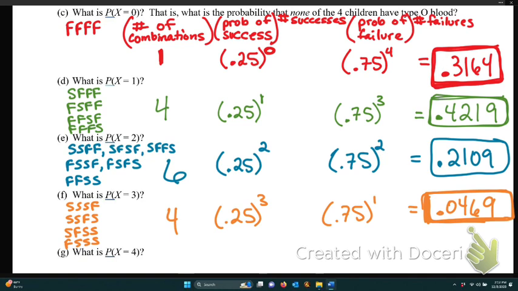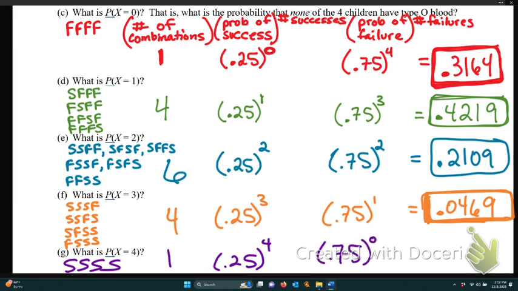What's this one asking? Probability that we get 4 successes. How many different ways can we get 4 successes out of 4 kids? 1 way, you guys. It's that they are all type O. So 0.25 is going to be raised to the power of 4.